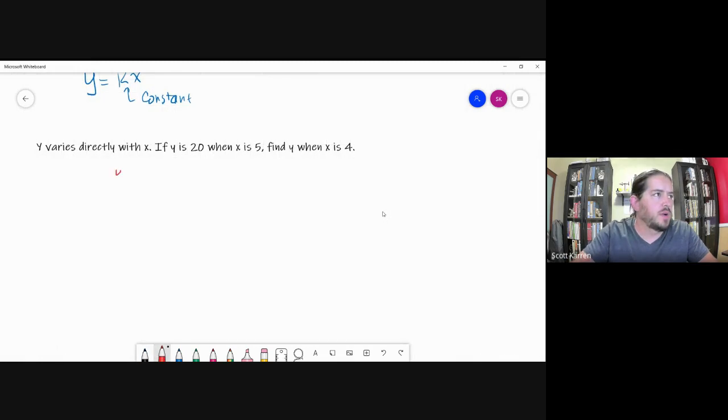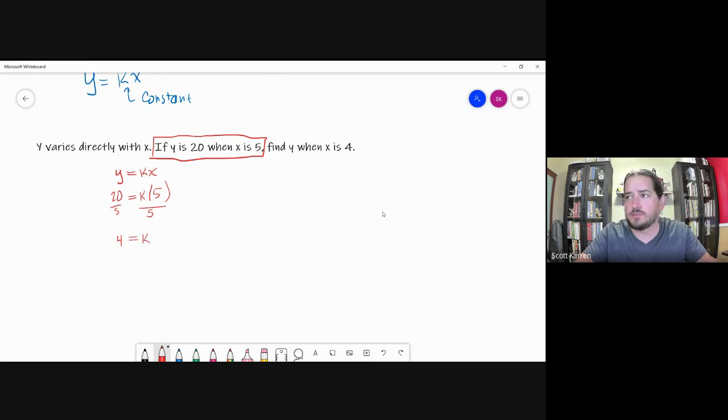I know it's going to be y equals k times x, right? And I'm given a scenario here. Y is 20 when x is 5. So I can plug in those values. Y is 20, that equals k times x. X is 5. And I can solve for k. All I have to do is divide each side by 5. 20 divided by 5 is 4. So I know that k is 4, right?